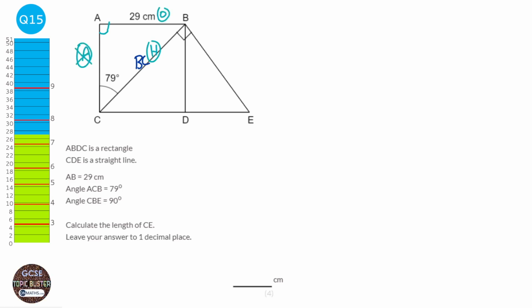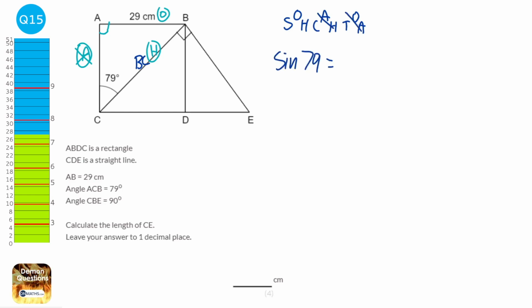We're not using the adjacent, so we're going to just do our SOHCAHTOA, and we've crossed out the A, so we cross out these two, so it's going to be sine. So we know that sine 79 equals the opposite, which is 29 over the BC.